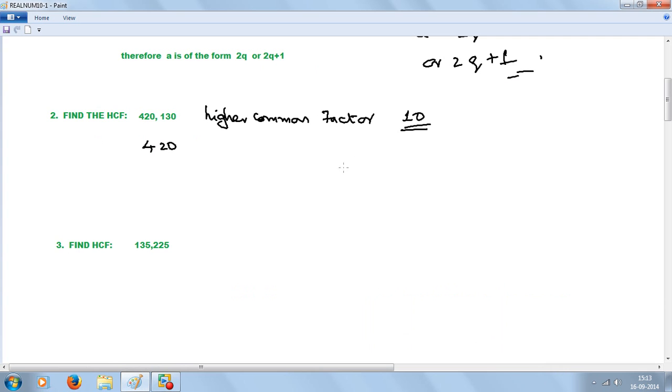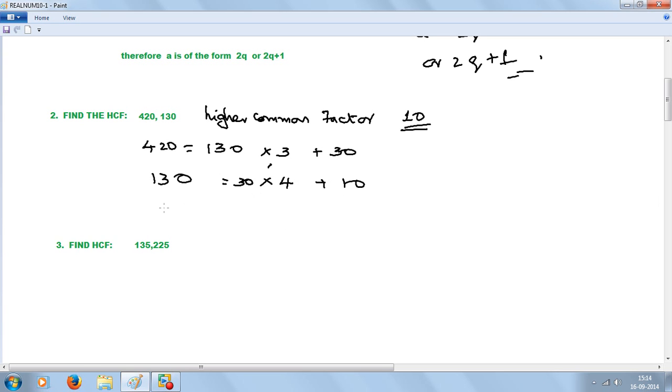So what is the method? 420 is equal to 130 multiplied by 3, which is 390, plus remaining 30. Then 130 is equal to 30 multiplied by 4 plus remaining 10.